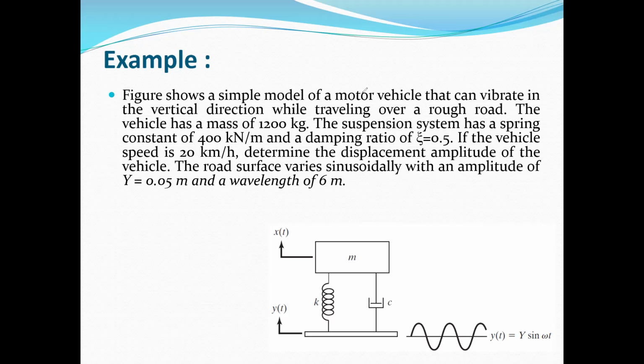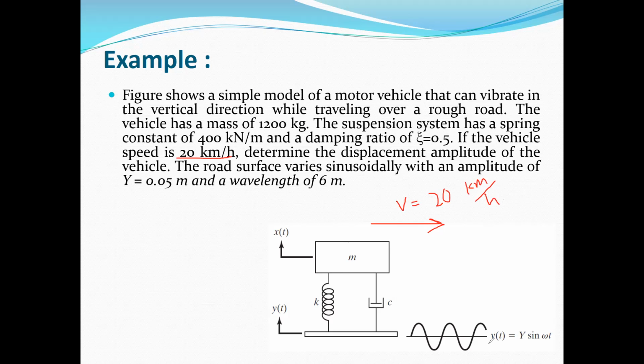Here you can see we have the vehicle speed, which is 20 kilometers per hour, and the vehicle speed in fact is in the horizontal direction. So we can assume this is the simplest form of a suspension system, and this suspension system is moving with a velocity of 20 kilometers per hour on this rough road.